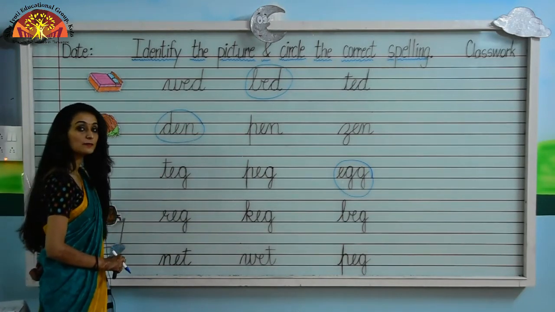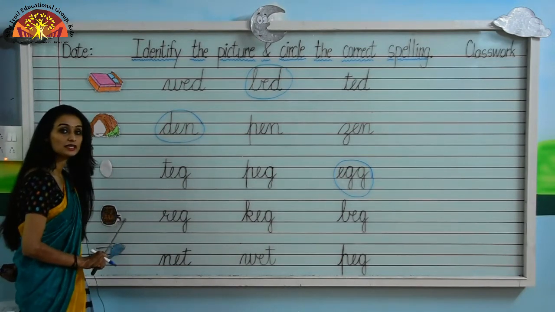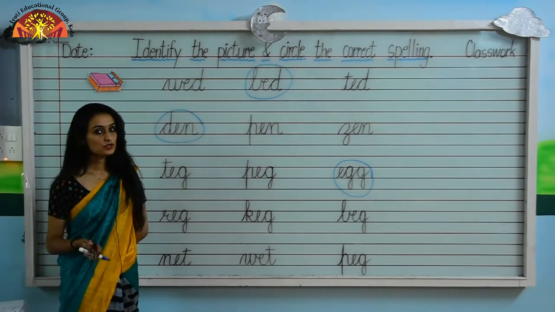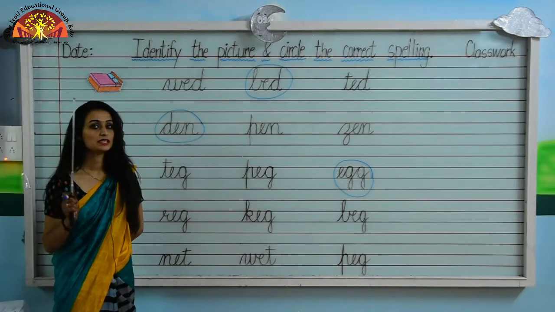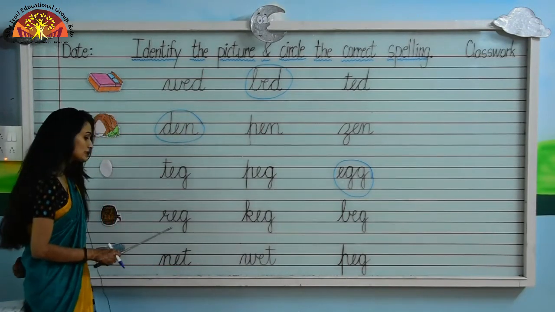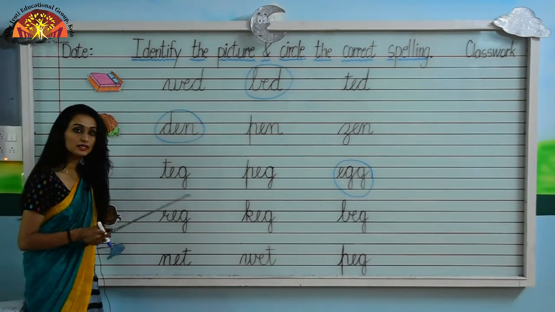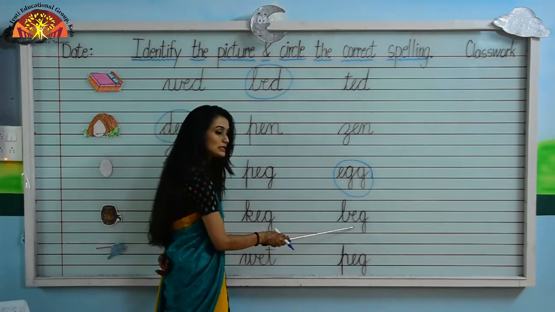What is this? This is keg. And the spelling of keg is K-E-G. Keg. What is this? This is R-E-G, reg. So this one is the wrong one. What is this?